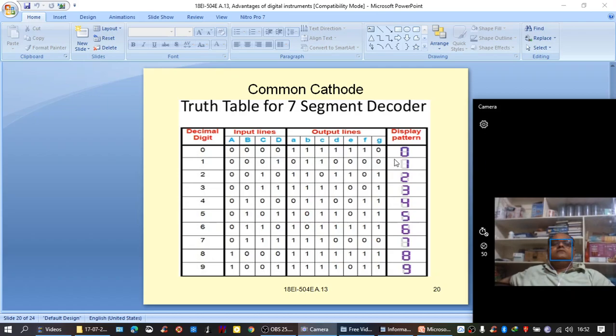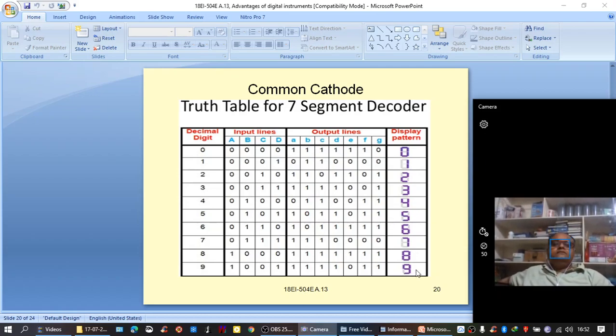Now here in common cathode, for indicating 0, A to F all are 1s and G is 0. Say for 5, A, C, D, F, G. These bits are 1. The remaining bits, that is B and E, are zeros to indicate a numeric display of 5.